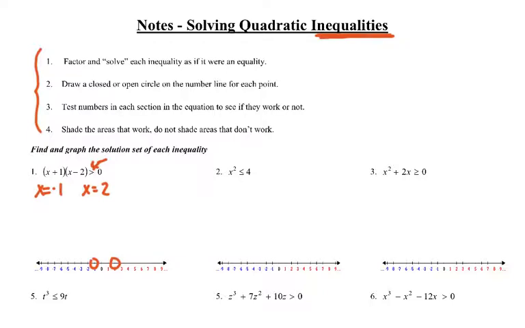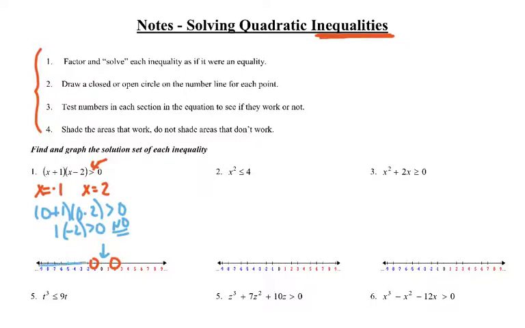And you're going to test a number in each section to see if it works. So the easiest one to test is 0. If I go back to my original equation, does 0 plus 1 times 0 minus 2 come out positive? Is 1 times -2 bigger than 0? No. So you remember when you do test points, if it doesn't work, we don't shade.